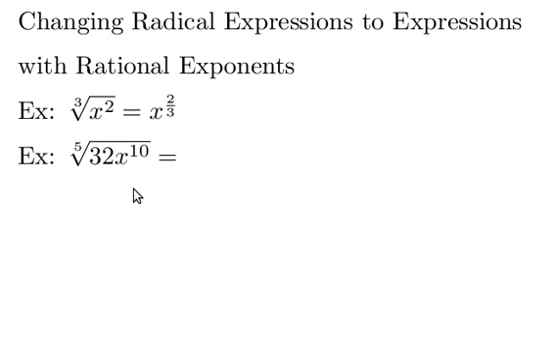So we'll see that this is equal to 32x to the power of 10, all to the power of 1/5. All I did was rewrite this putting the 1/5 on the outside. And now this 1/5 is going to distribute to the 32 and the x to the 10th.